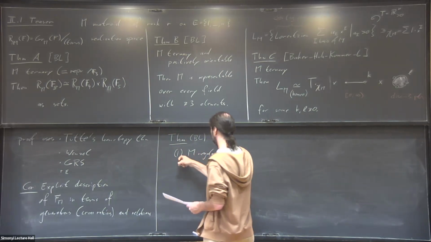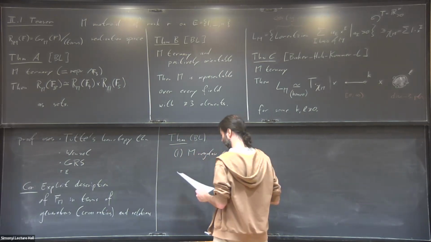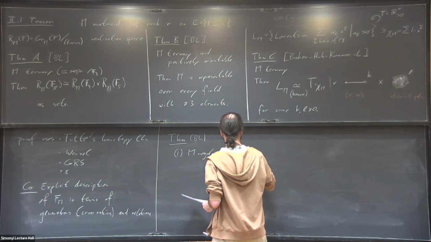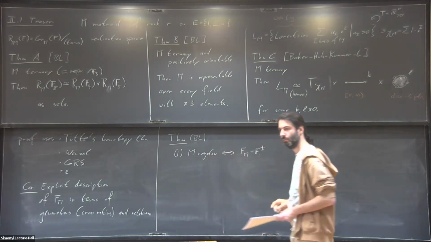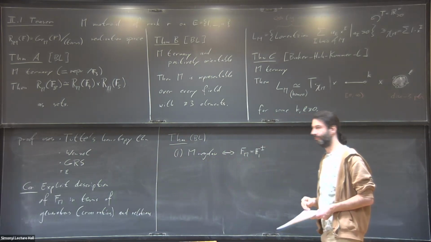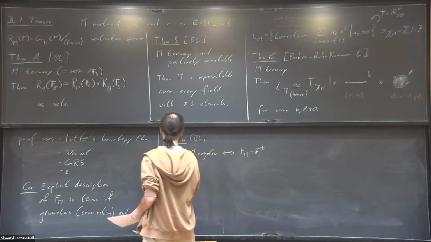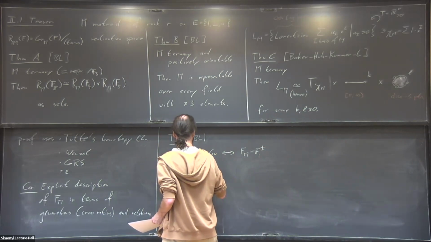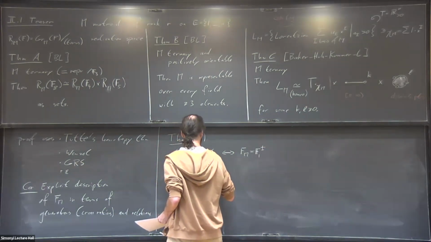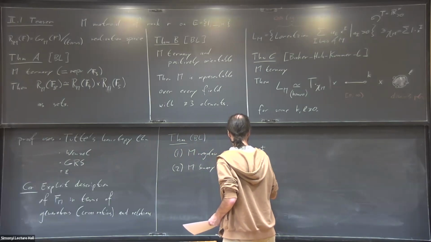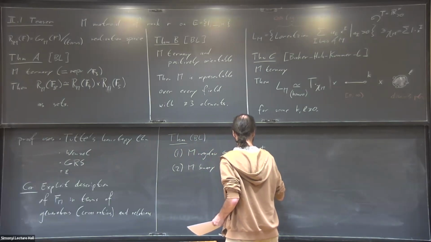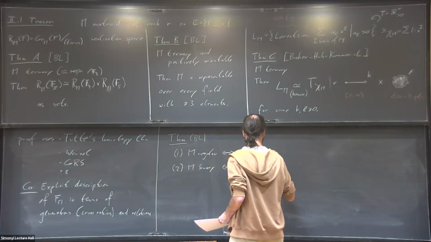The first two items appeared yesterday already. M is regular if and only if the foundation of M is a regular partial field. The second one: M is binary if and only if the foundation is a regular partial field, or F2.